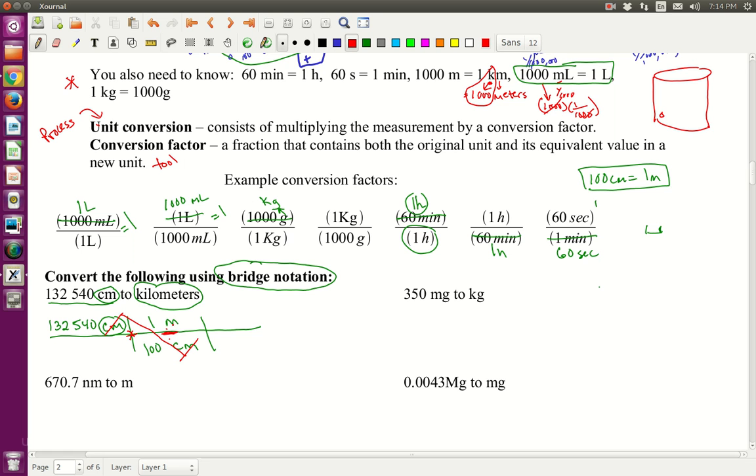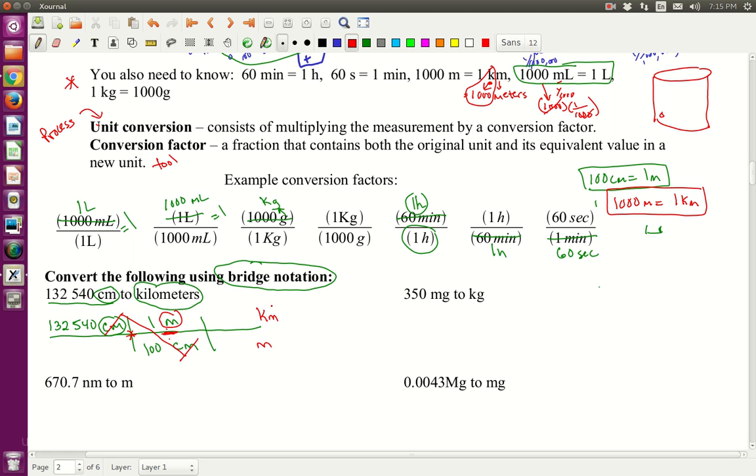Now I'm going to change my meters into kilometers. So now this unit's on the top, so it needs to go on the bottom on the next step. And kilometers needs to go on the top. And remember this relationship. 1,000 meters is equal to 1 kilometer. This is the relationship I'm using. And I can put either one of these guys on top, meters or kilometers.